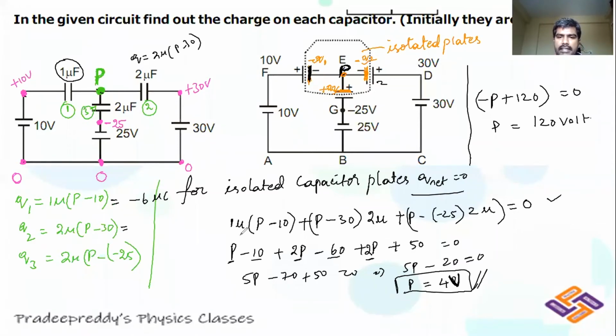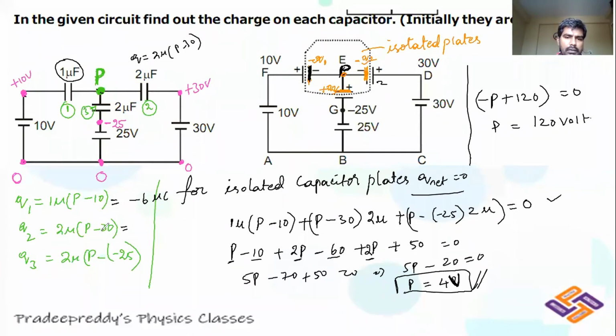We are not taking sign convention when I am using Kirchhoff law. Without taking sign convention, I am finding out the potential difference. If you substitute the potential difference across this capacitor, you will get that sign by default. So minus 6 microcoulomb.